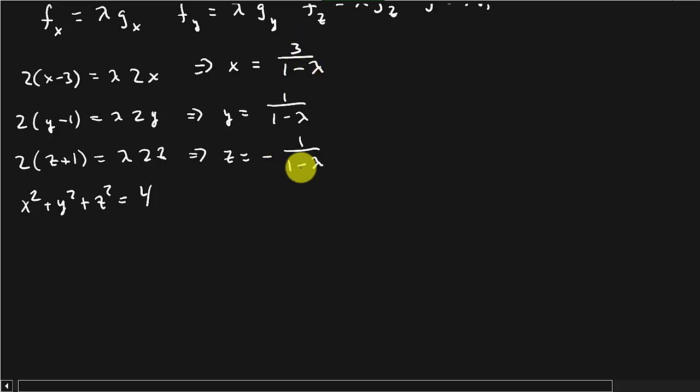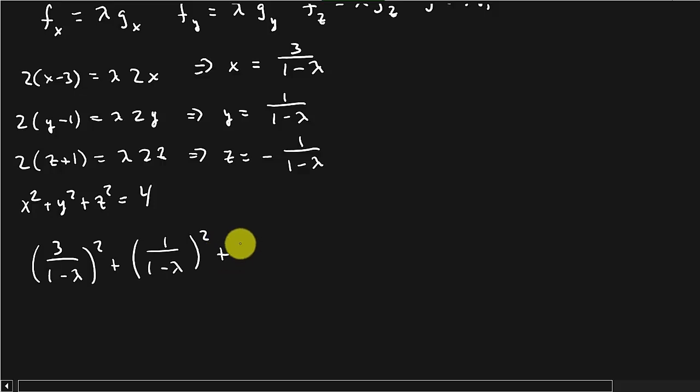So what I'm going to do now is take each of these and plug them into this. So that's going to be (3 over 1 minus lambda) squared plus (1 over 1 minus lambda) squared plus (negative 1 over 1 minus lambda) squared equals 4.